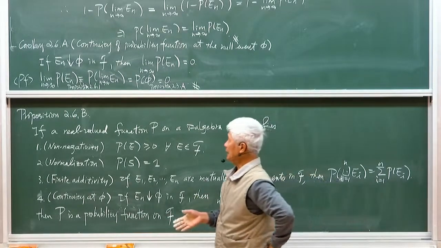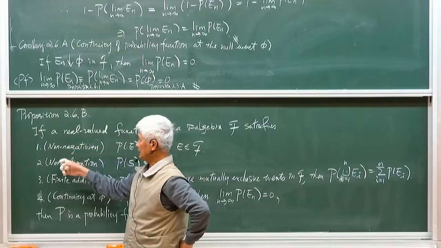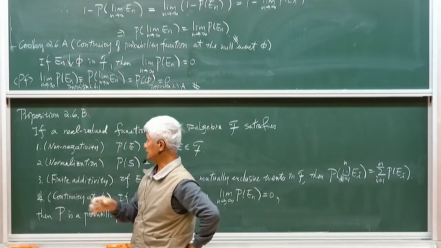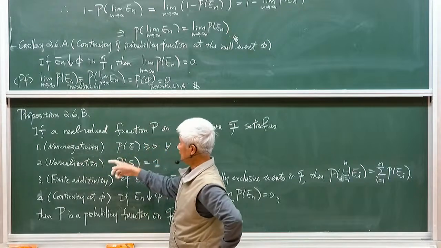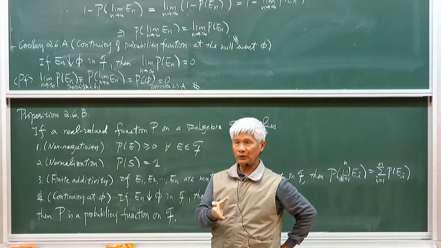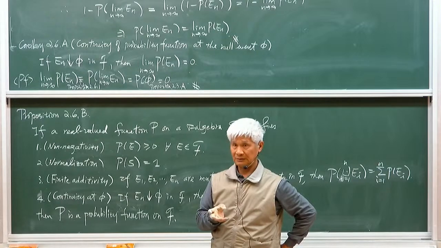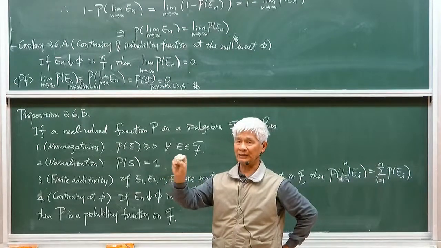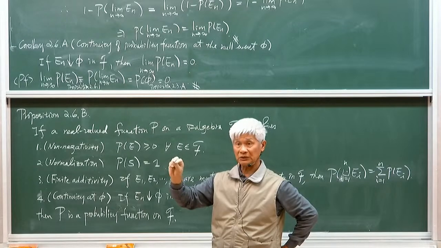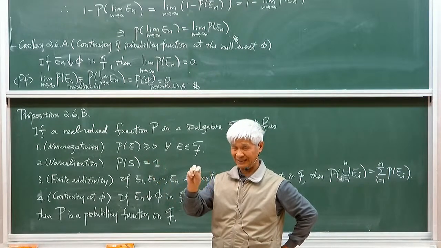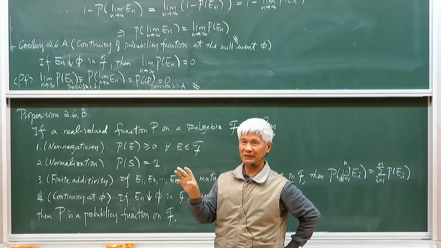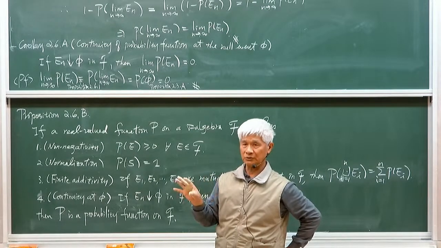The axiom number 1 and axiom number 2, non-negativity and normalization, are quite simple to verify. The trouble is countable additivity, because we have to handle a sequence of mutually exclusive events, and this is an infinite sequence. So in many situations it's difficult to do that.